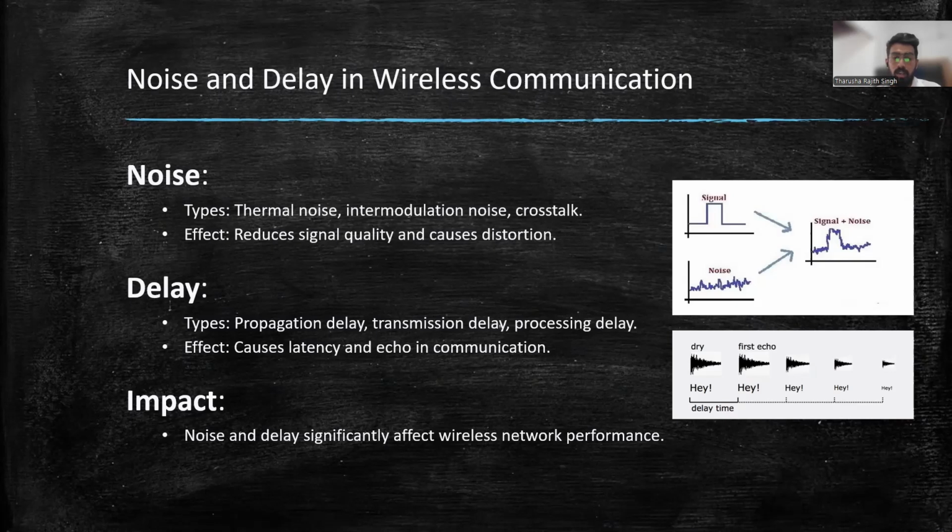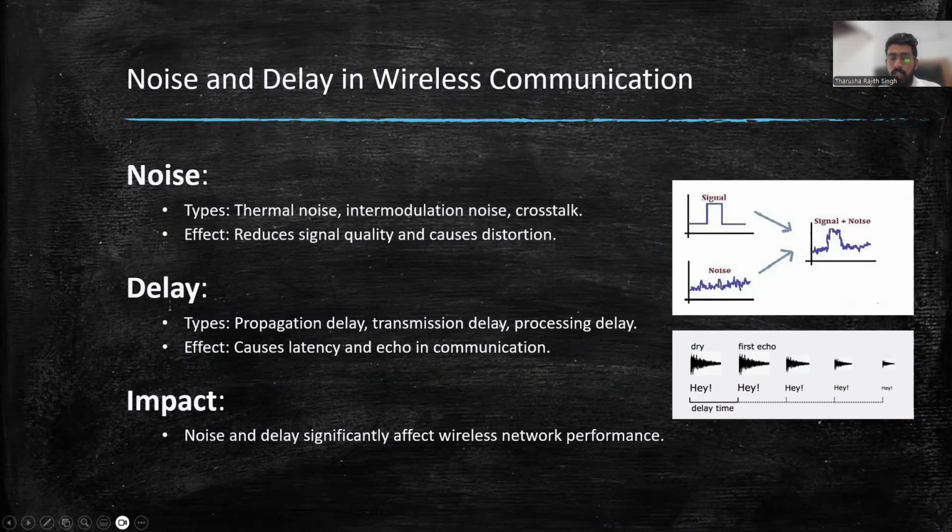Crosstalk is interference caused by adjacent communication channels, often seen in telephone lines or network cables. As shown in the first image, noise can distort the original signal, making it harder for the receiver to interpret the data accurately.